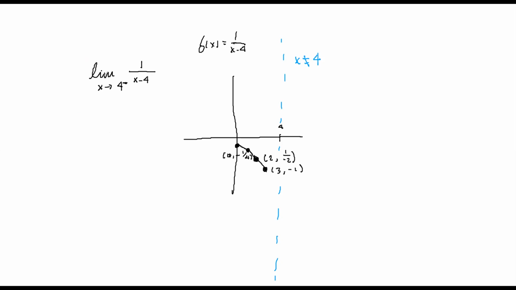So as x approaches 4 from the left, this is going to be like 3.999 minus 4, and we're going to end up with 1 over negative approximately 0. Or the limit is equal to -infinity. And graphically, it just goes straight down, essentially.